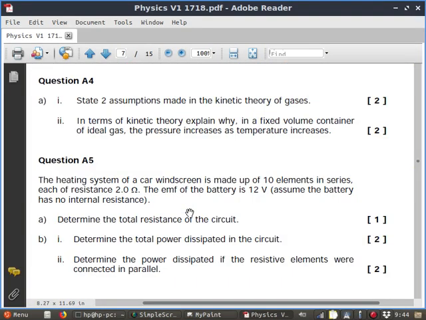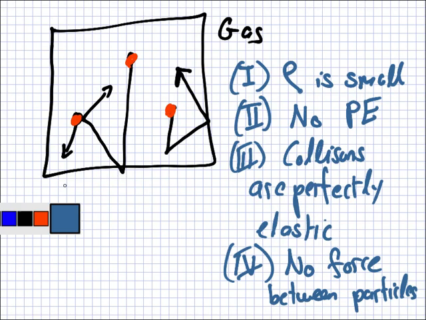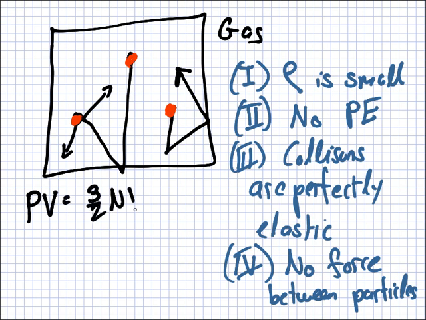Explain why, in this model, the pressure increases as the temperature increases. So the reason is, Summer, remember you have the formula PV equals 3 over 2 NKT. That was one formula.